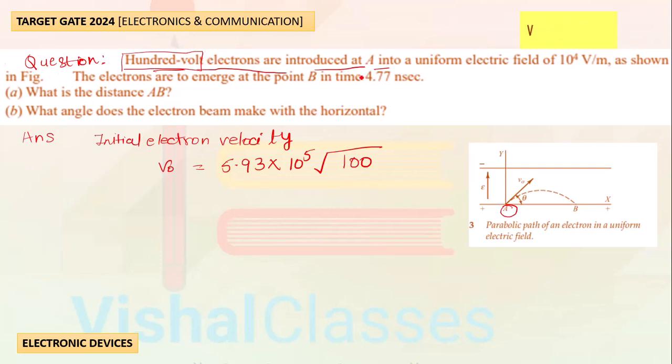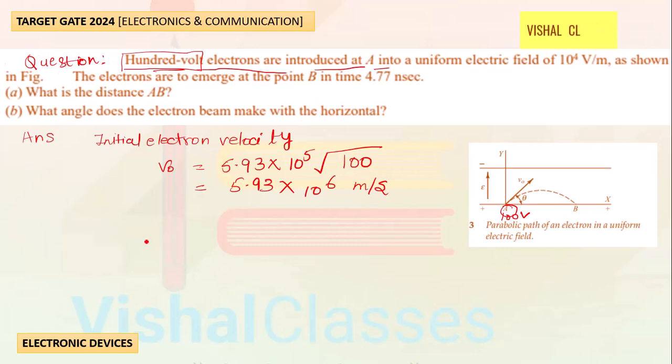Electrons are introduced at 100 volt, so it is 5.93 into 10 raised to power 6 meter per second. Initial electron velocity we have calculated.